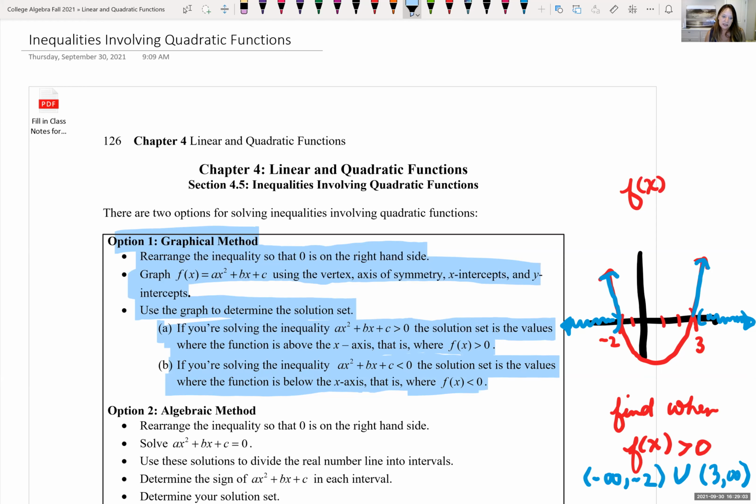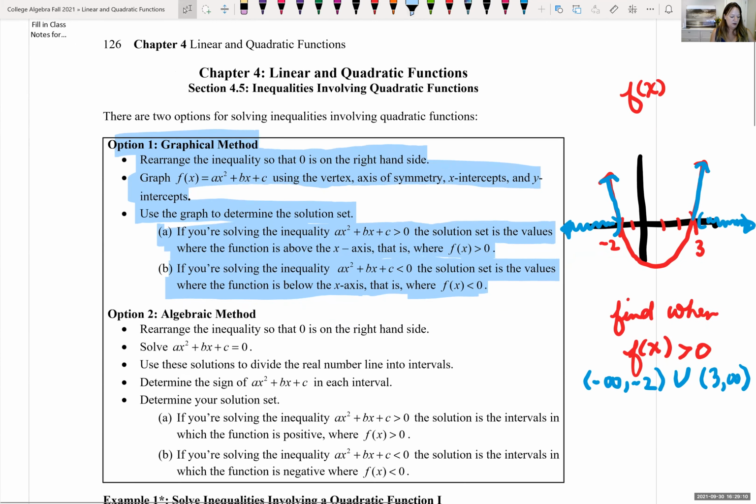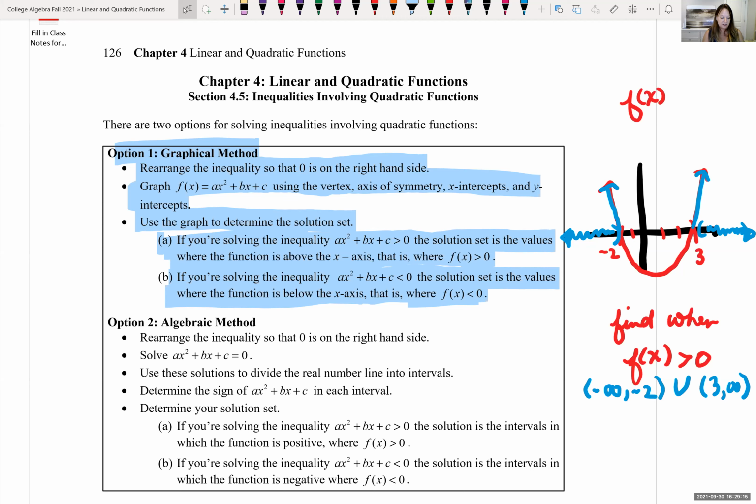The other way to do this is to look at it algebraically. We also want to rearrange our inequality to get everything to one side, if it's not already done. So rearrange the inequality so that 0 is on the right-hand side. Then we look at our quadratic on the one side, ax squared plus bx plus c, and solve it when it's equal to 0. Then we use those solutions to divide the number line into intervals.